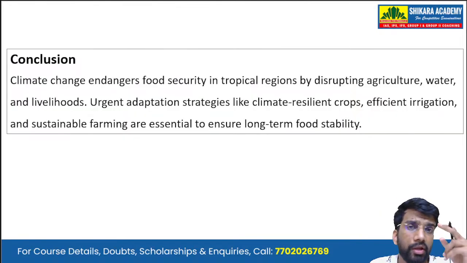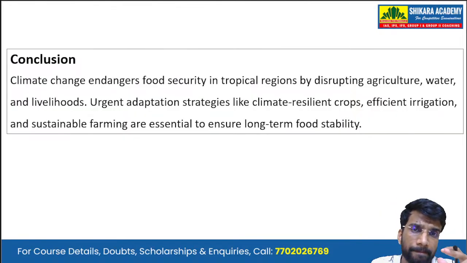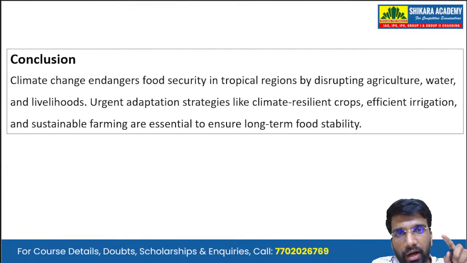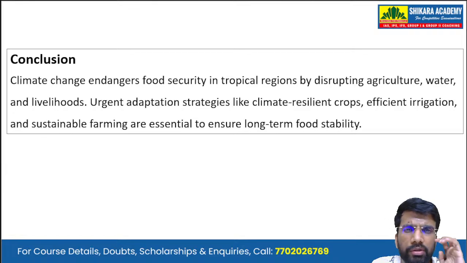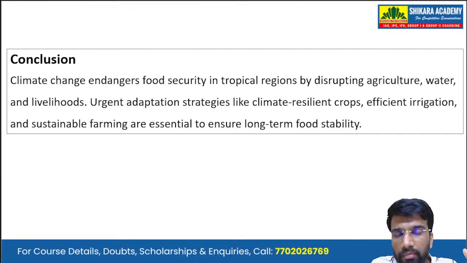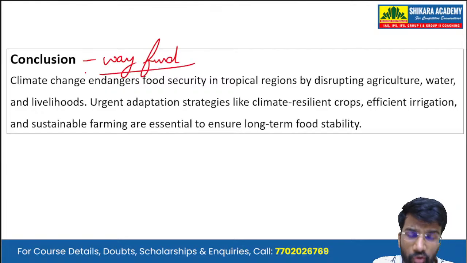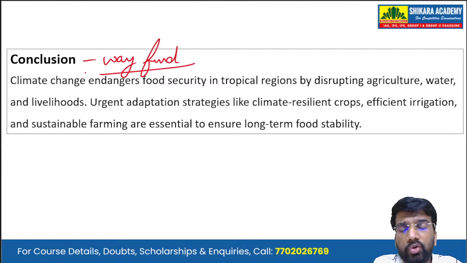If we are discussing problems in the body of the answer and have not written about suggestive measures or recommendations in the body, then in the conclusion there should be a way forward. You can skip the way forward in an answer if you have already written about the recommendations or suggestive measures in the body of the answer.